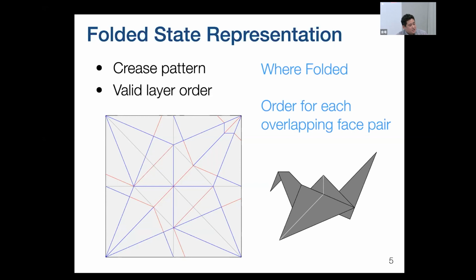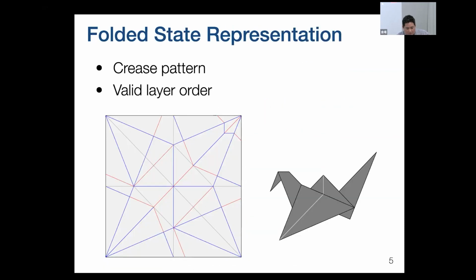That characterization on the faces then allows you to have a general directed graph to represent the layer ordering of these faces, which may not admit a linearization, but will still uniquely determine the folded state. And so we need some kind of representation like this so that we can communicate to others what these folded states are.